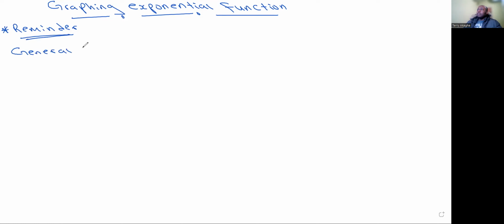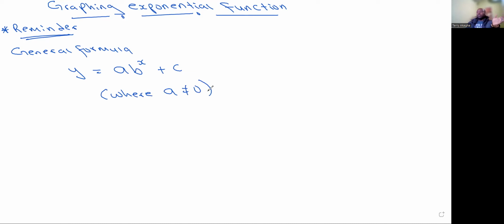The general formula for exponential functions is y = a·b^x + c, where a can never be equal to 0. Exponential functions also have a general shape.